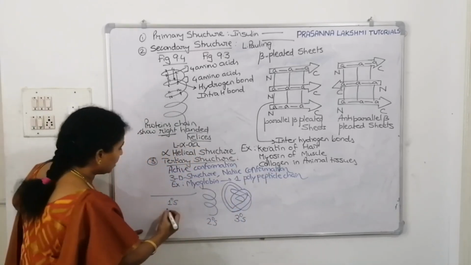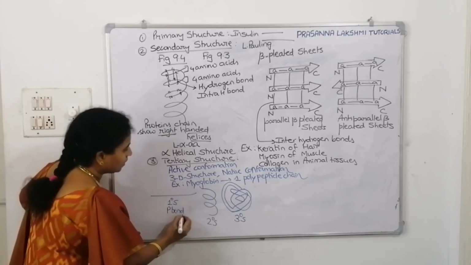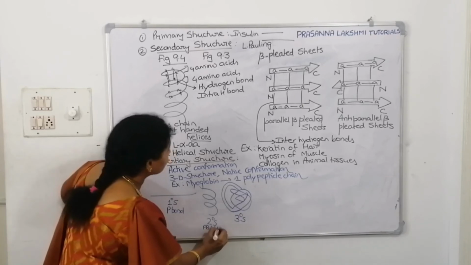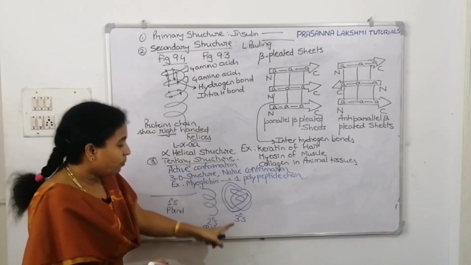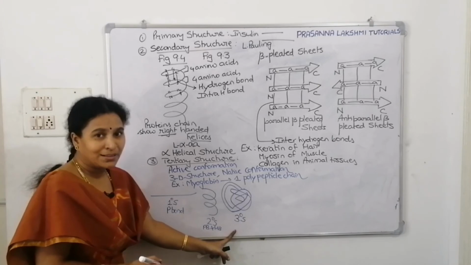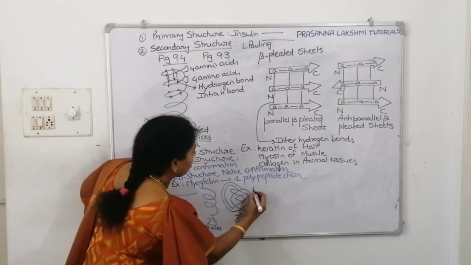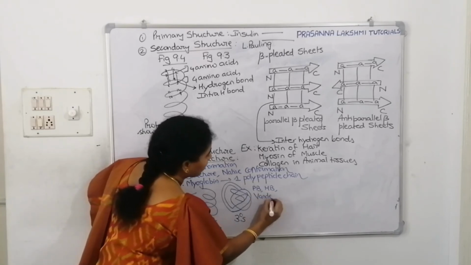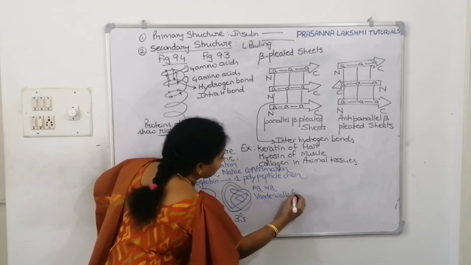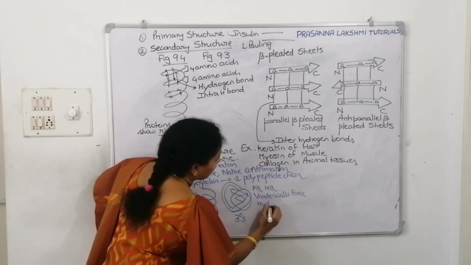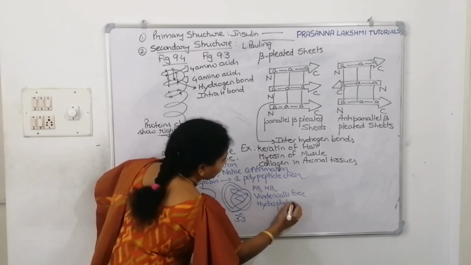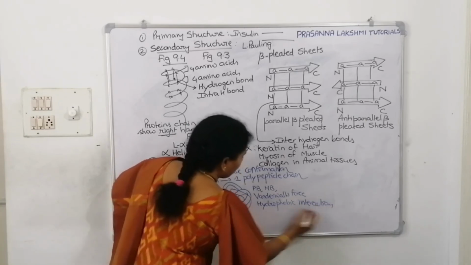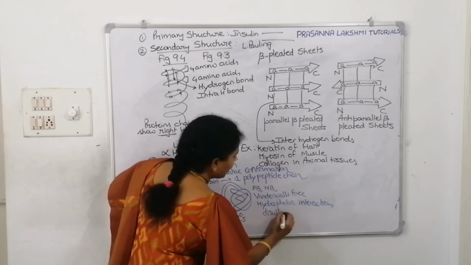To make a linear chain, peptide bonds are enough. To make a helical chain, peptide bonds with hydrogen bonds are required. To make a tertiary structure, a hollow woolen three-dimensional ball-like structure, along with peptide bonds and hydrogen bonds, we need van der Waals forces, hydrophobic interactions, and disulfide bonds.